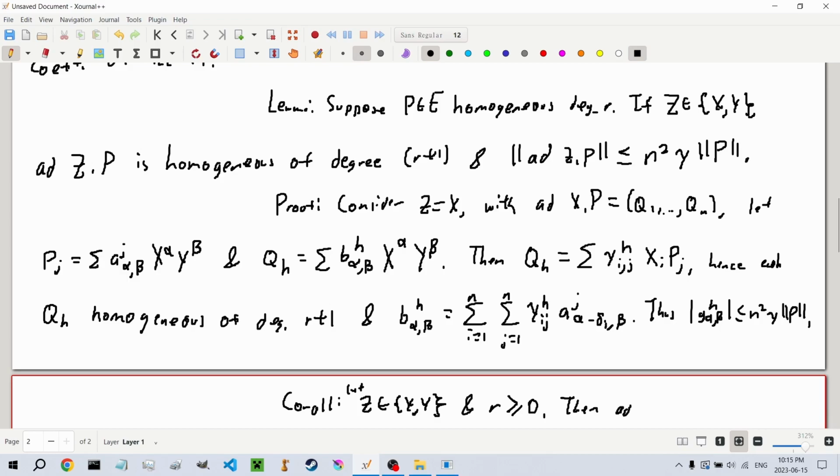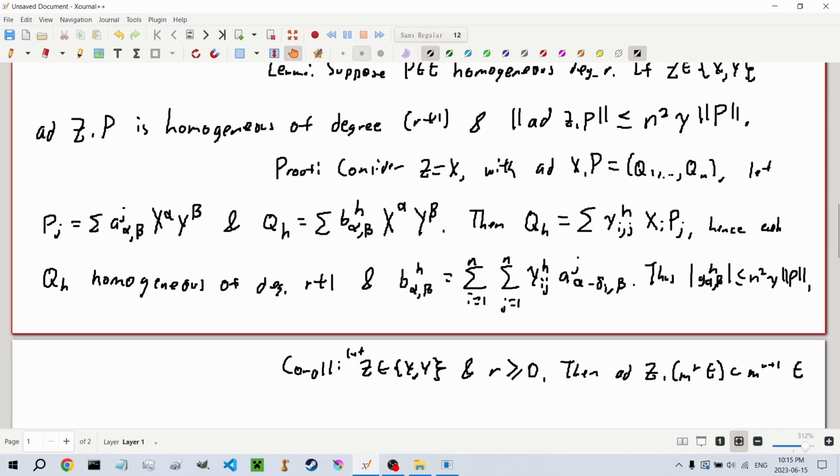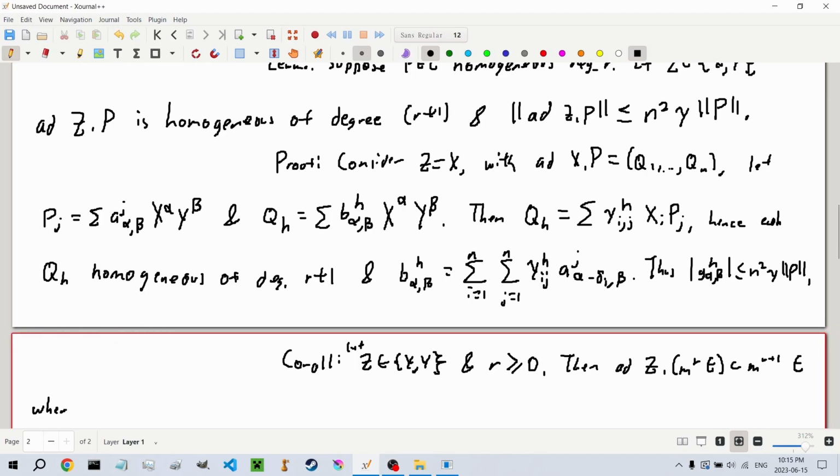Then the adjoint of Z on M to the R on E is within M to the R plus 1 E, where M is the maximal ideal of R. This is an immediate corollary.